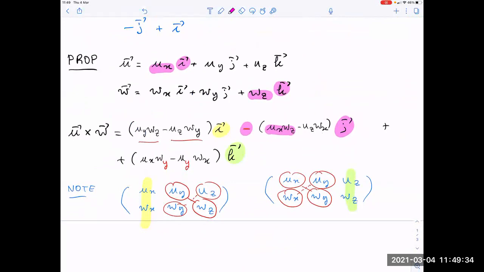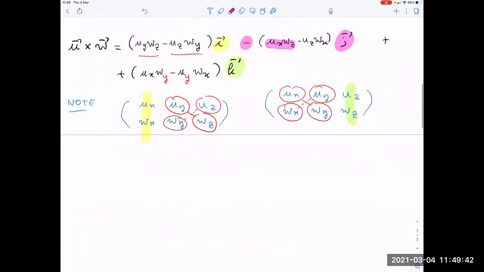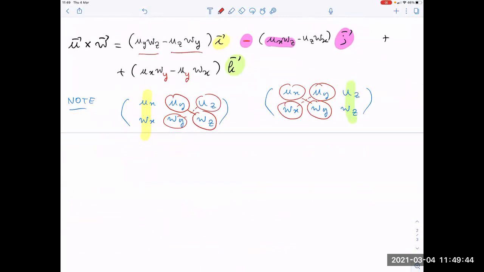Okay, so final thing about the cross product. Remember, the dot product, the scalar product, we could use to compute orthogonal projection. Here, we can use the vector product to compute areas. So we have a proposition, and here it comes.